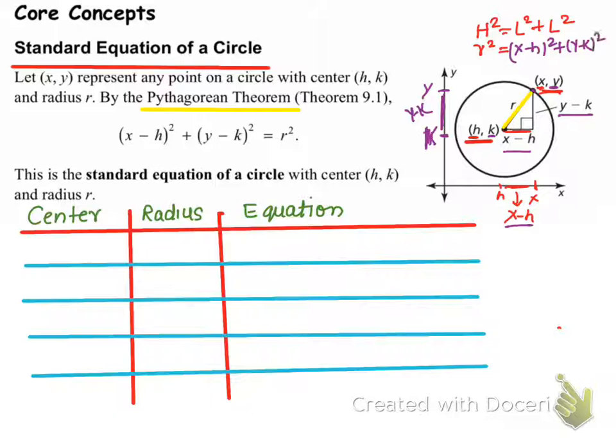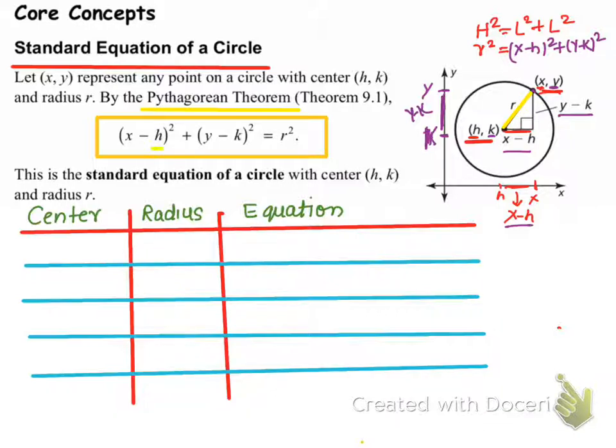So I'm just showing you how you get that formula here, but if you find it harder, just simply memorize the formula. That's x minus h whole square plus y minus k whole square is r square, where in this equation only a few things you have to substitute.